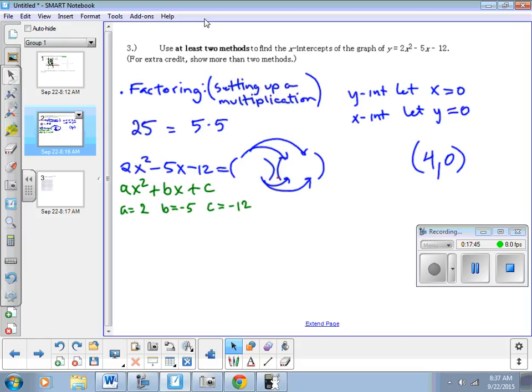Now the method I'm going to show you is called the Xbox method. Some of you guys might remember that. So let's just do a general rule.